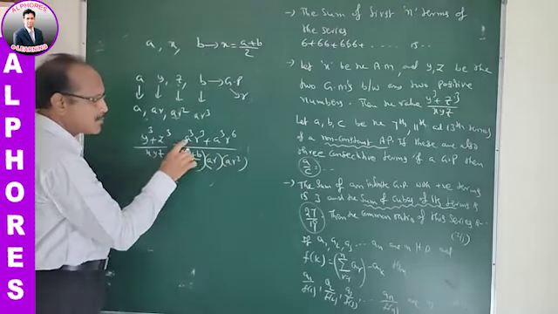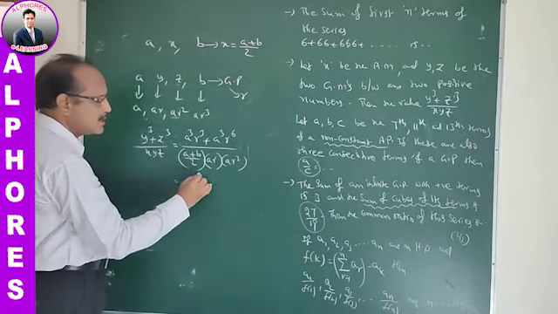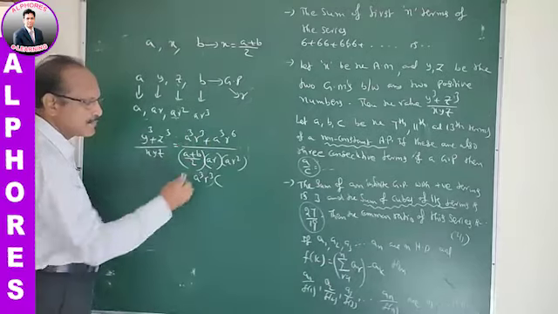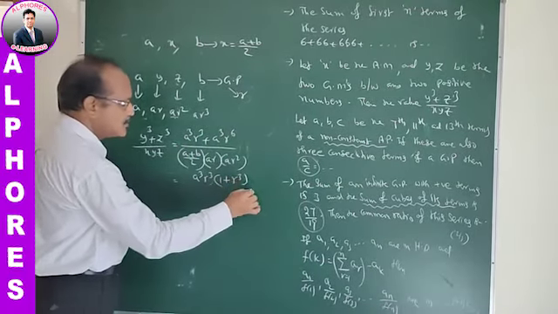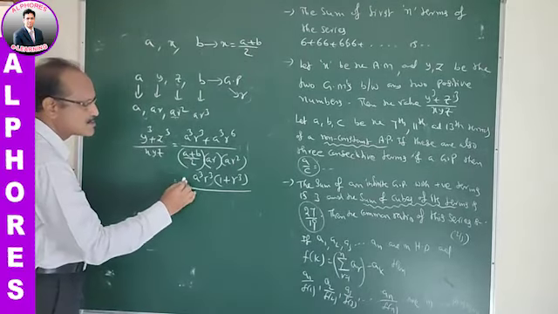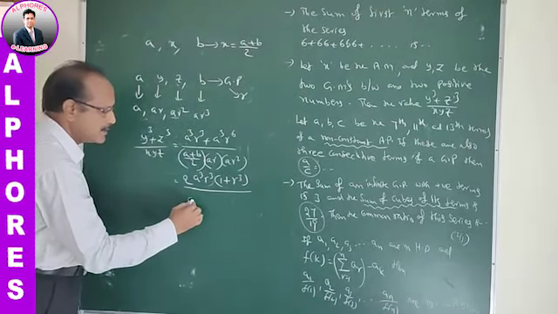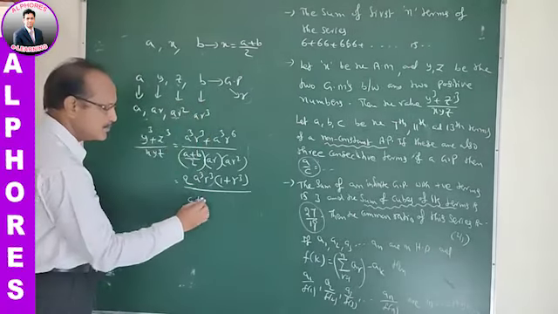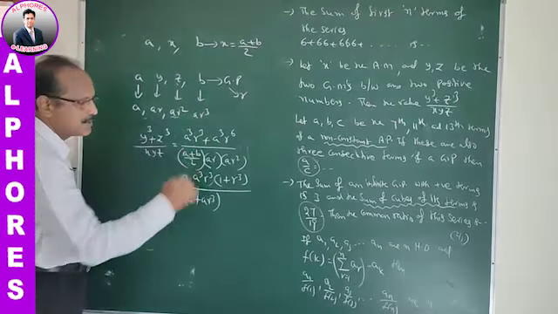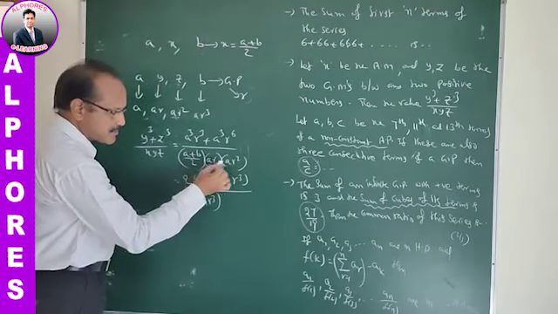Then in the numerator there is a common factor, A cube R cube, which I am taking common. Then the remaining terms are 1 plus R cube, and the 2 in the denominator becomes reciprocal. Then A is itself, B can be written as AR cube, into A square R cube.